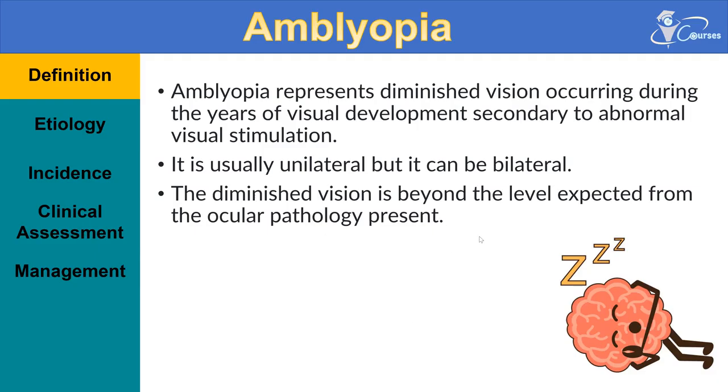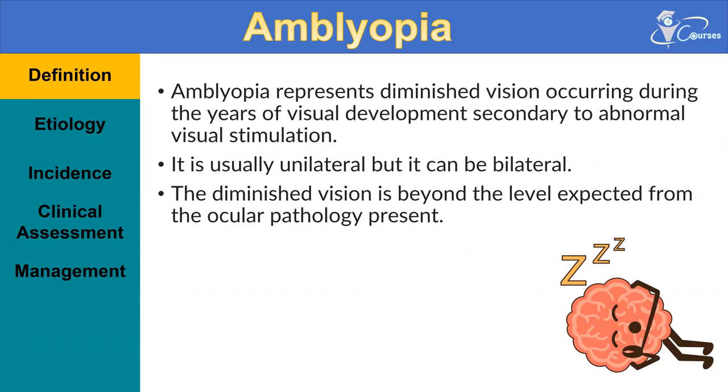So it is usually unilateral, but it can be bilateral. And how can it be diagnosed? It is diagnosed when there is diminution of vision which is beyond the expected level of ocular pathology. Like if you have a very minimal ocular pathology, however, you find that the visual acuity is severely impaired.